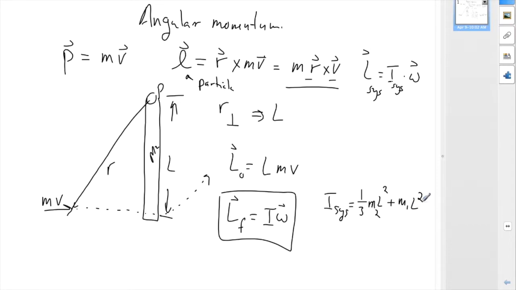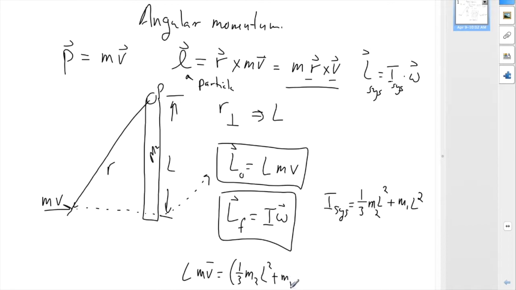And now I can set this initial momentum equal to the final momentum and get a result that looks like length of the rod, mv, is equal to 1/3 m2 L squared plus m1 L squared times omega.